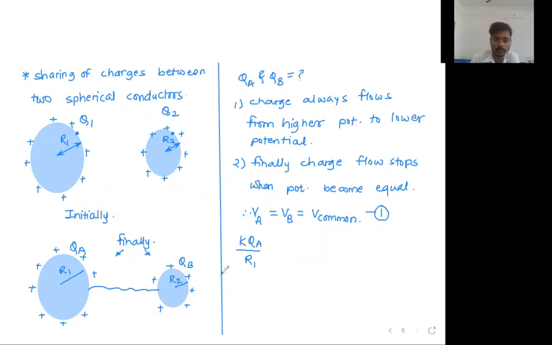So kqa upon r1 must be equal to potential on the surface of the second sphere, k into qb upon r2. This is the first equation. Reply in the chat box, clear and written. We have two unknowns, and one equation is written. Next equation, final answer.